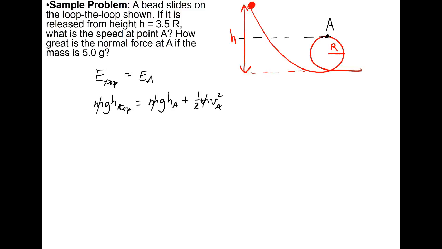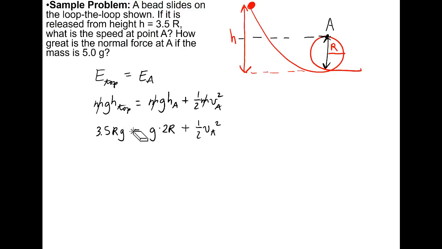which will happen if you have potential energy due to gravity, but not if it's from a spring. So g times 3.5 r is equal to g times 2r, because our height at point A is 2r, plus 1/2 v_A squared.